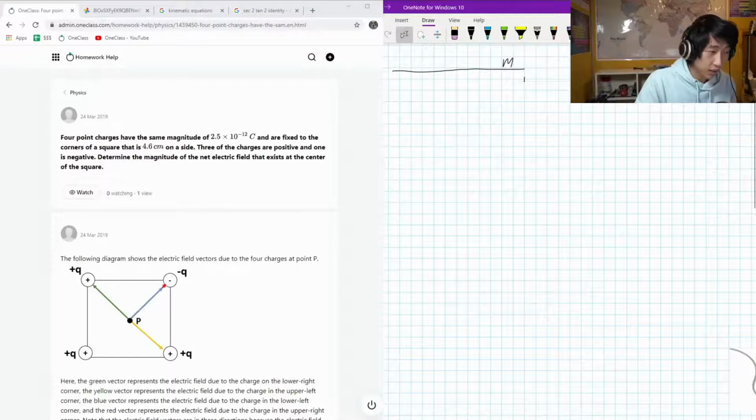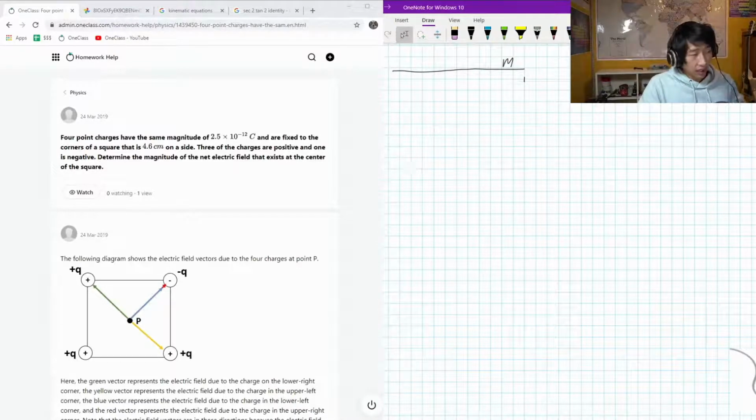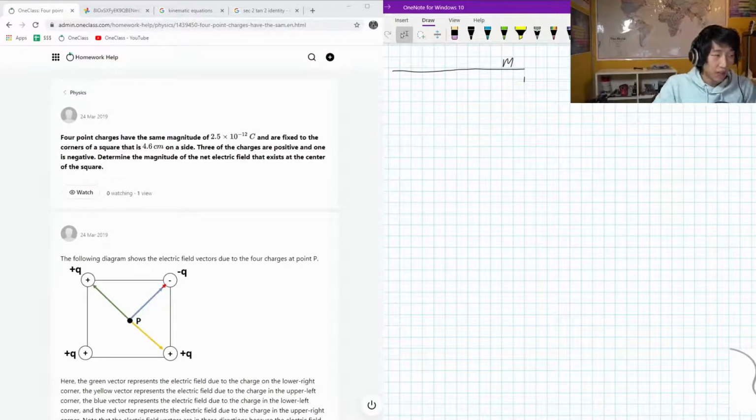Okay, the next question we have on the menu today presents a situation where we have 4 point charges, all with the same magnitude of charge of 2.5 times 10 to the negative 12 coulombs, fixed to corners of a square that are 4.6 centimeters on each side. Let's actually draw the situation.